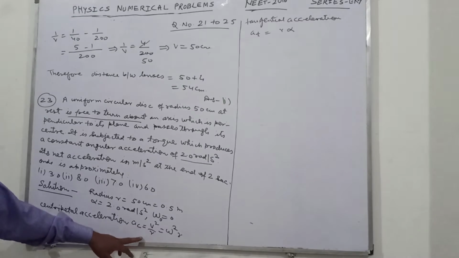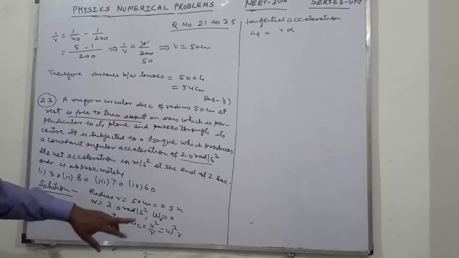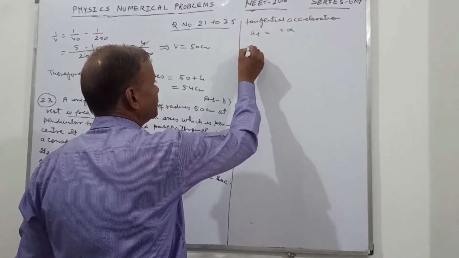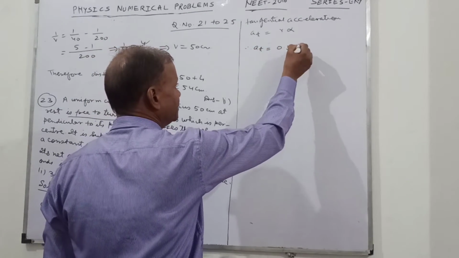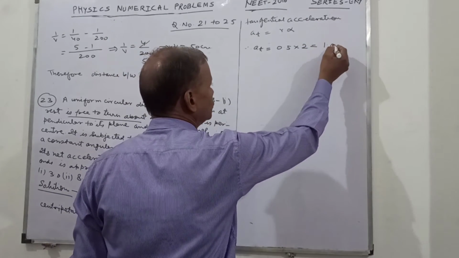So now we are not given V, but R and alpha are given, so we can find AT. Therefore AT, R equal to 0.5, and alpha is 2, so this is 1.0 meter per second square.